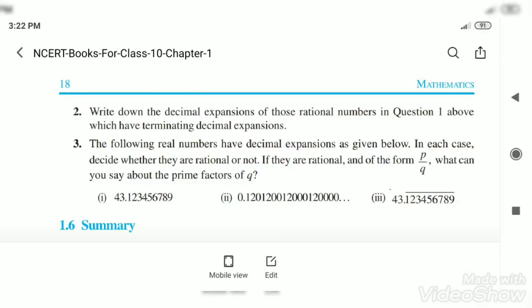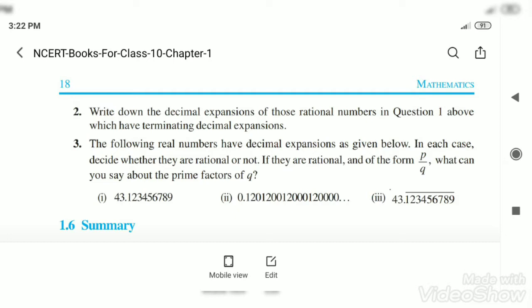Okay, next question. Write down the decimal expansion of those rational numbers in question 1 above which have terminating decimal expansions. In the first question, without the long division method, we declared whether it is a terminating or non-terminating decimal.